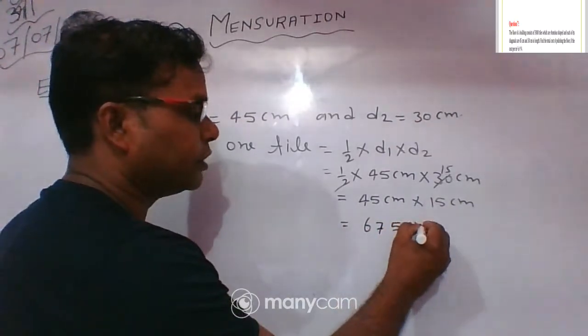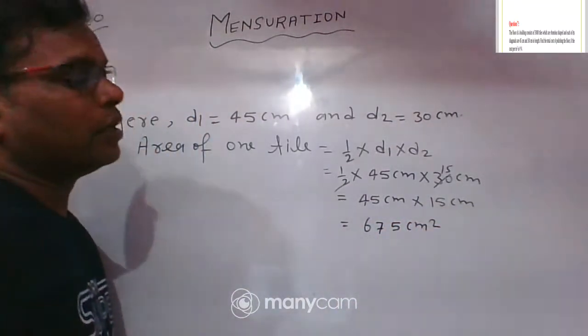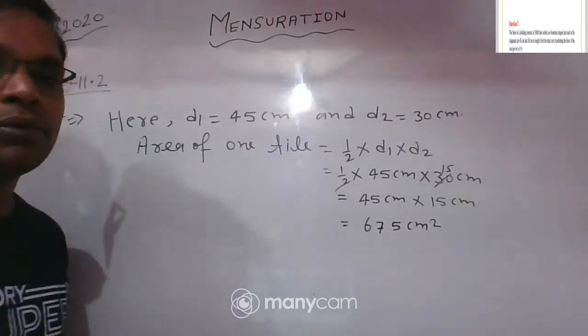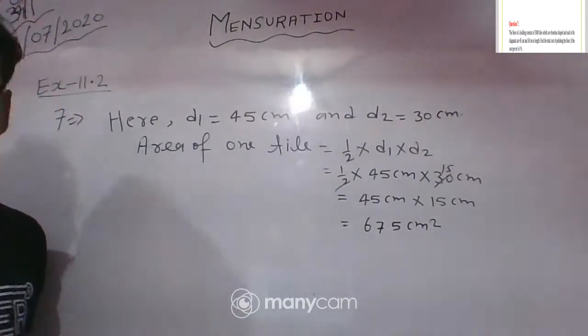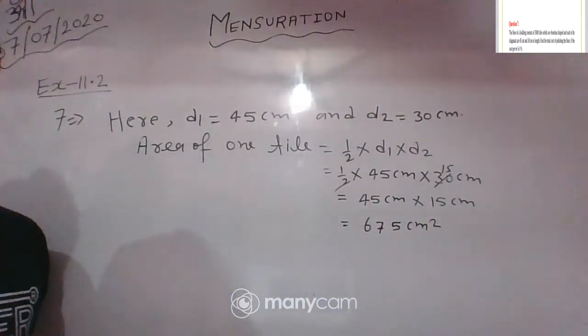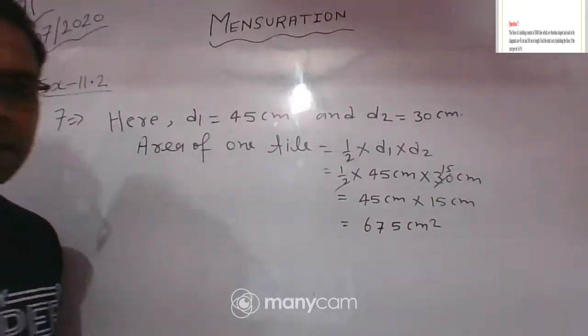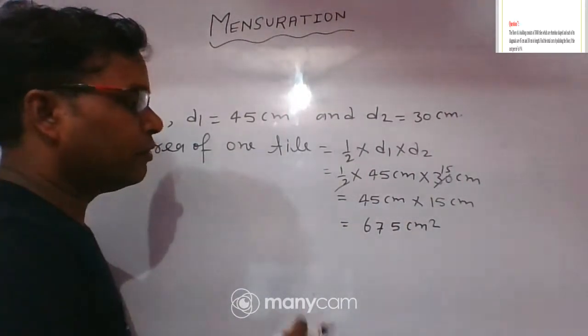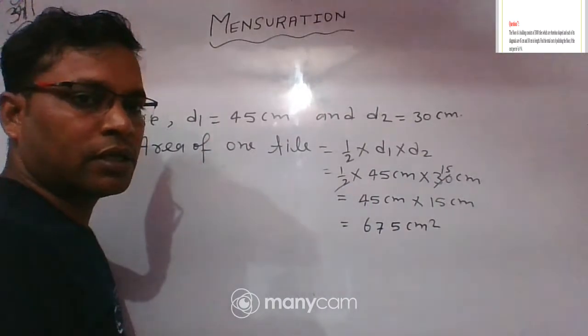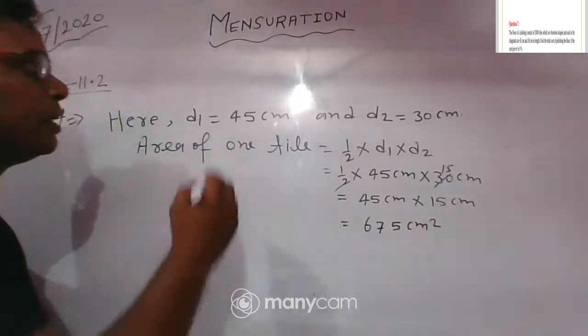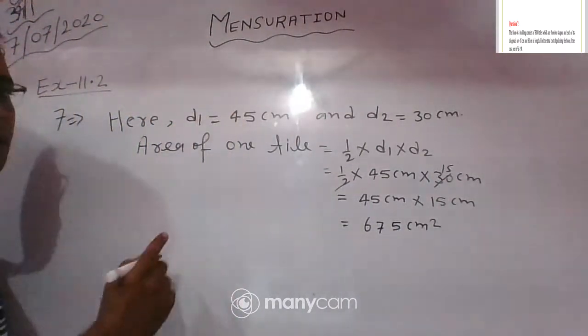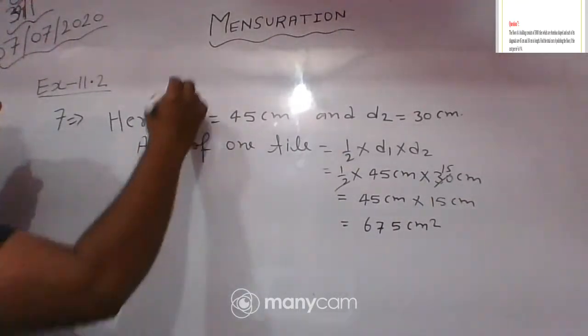So you can see this is the area of one tile, 675 square centimeters. So how many tiles are there? You find the area of 3000 tiles. Here the number of tiles is given as 3000.